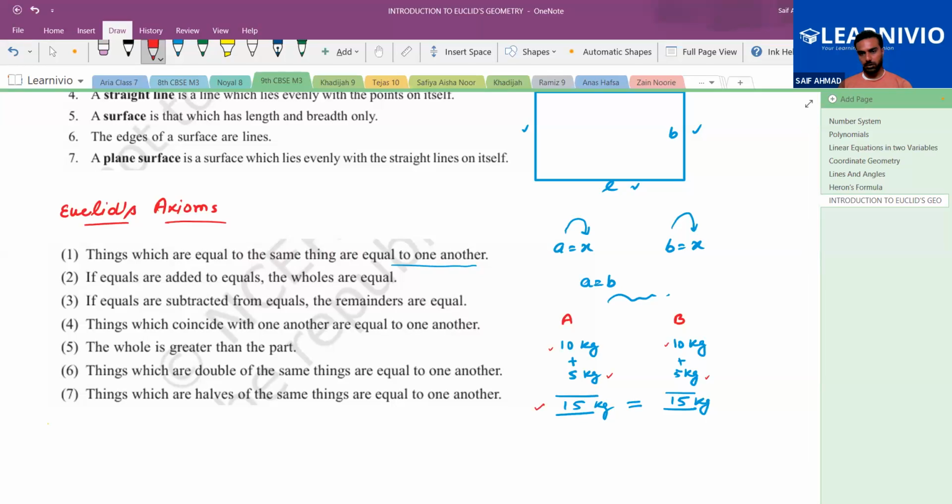And this is the same as the third axiom. If equals are subtracted from equals, if I subtract the weight, 5 kilogram, it remains 5.